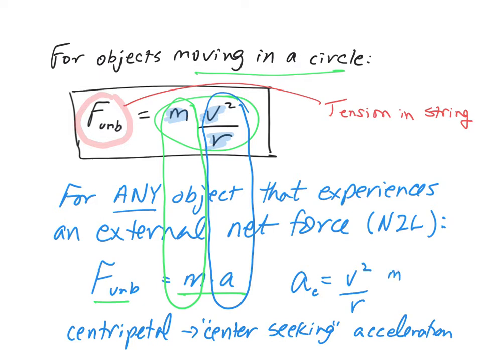The units are meters per second, the speed, squared, divided by meters, which gives me units of meters per second squared, which is exactly what I expect acceleration units to be. I'm going to talk a little bit about the direction of the acceleration, then I'll explain graphically on the next couple slides why it's a square of the speed and inversely proportional to the radius.